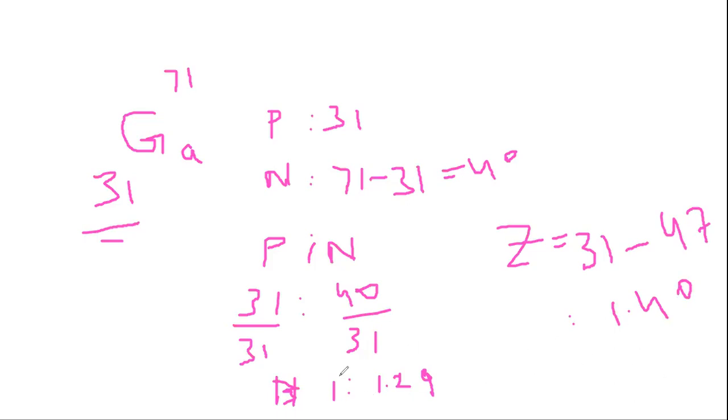So now you just have to compare this ratio. This ratio is less than 1.4. That means this should be a stable nuclide. So this is the answer of this one.